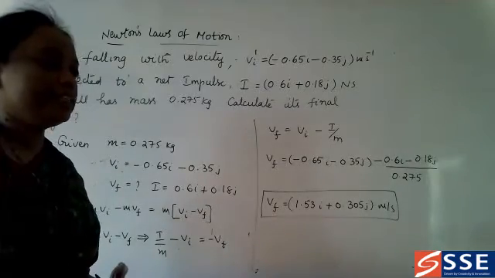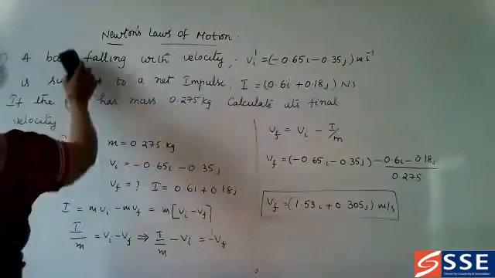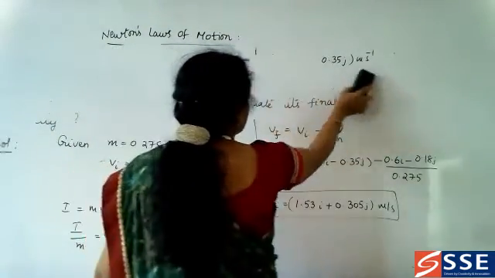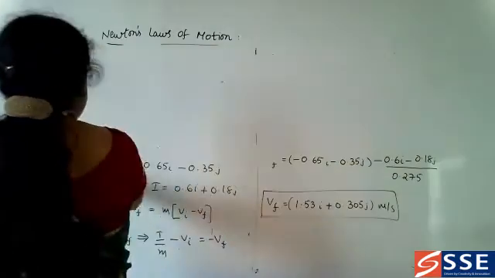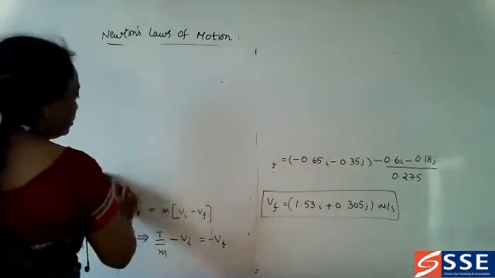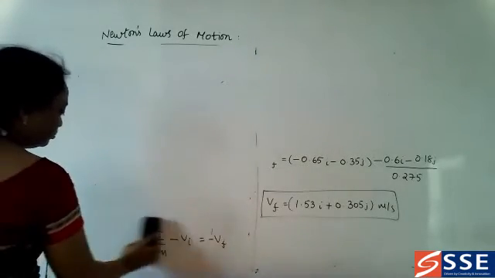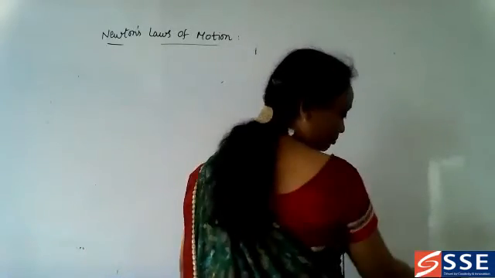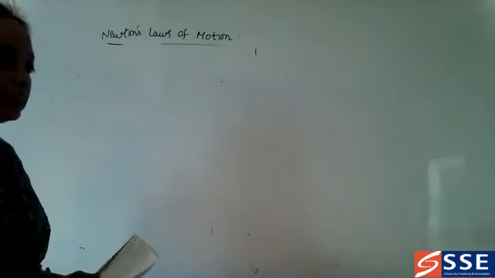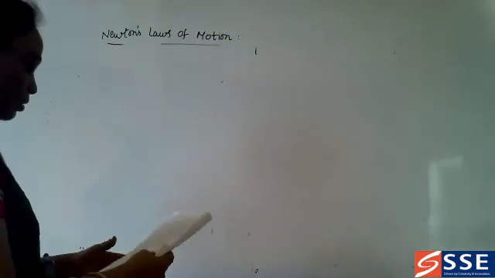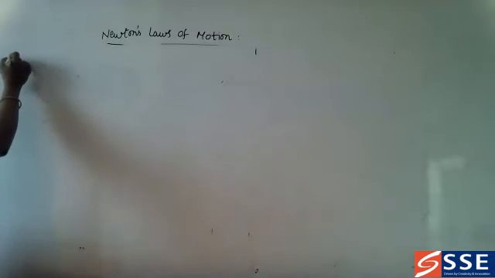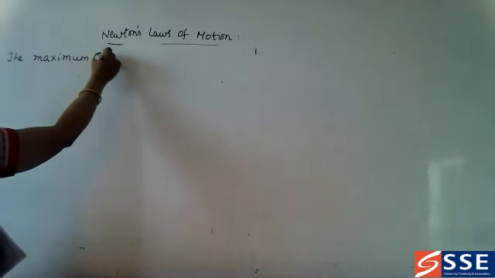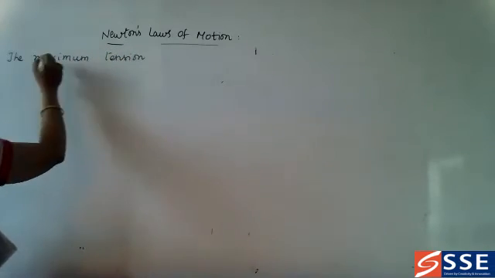Next we move on to the next problem based on the tension. So how do you calculate the tension when you are taking the problem? So next problem, the sixth problem.